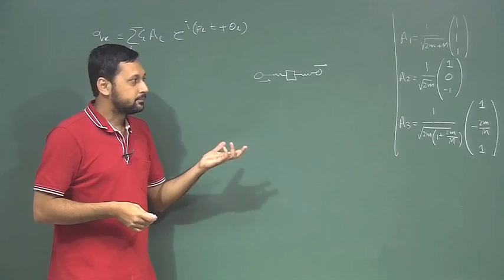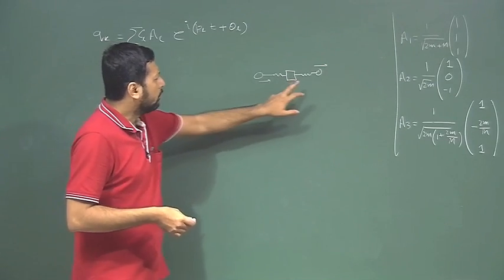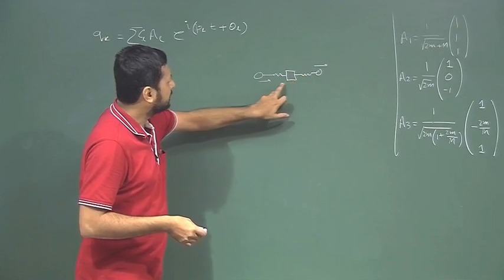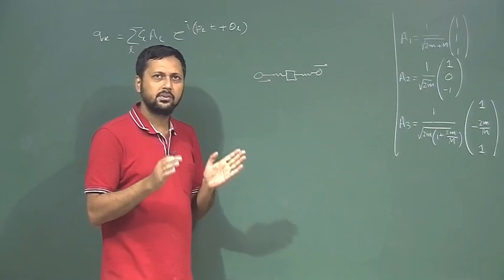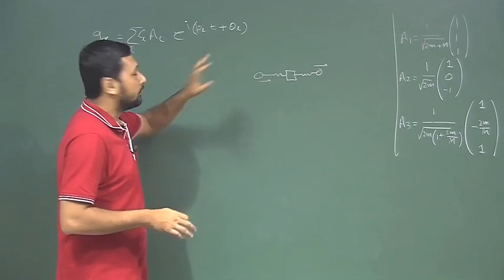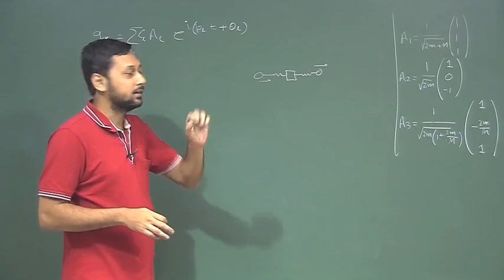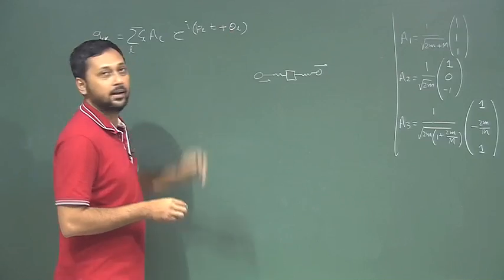But we can also give an arbitrary displacement and let it go. Then we do not know the phase relation due to the initial condition unless we include this theta_L here.